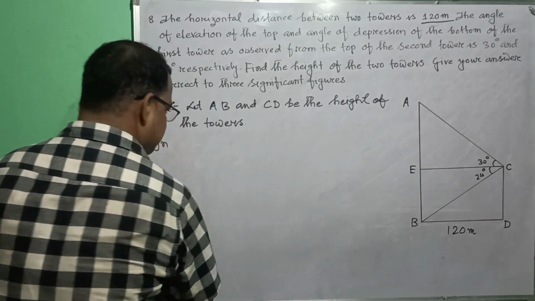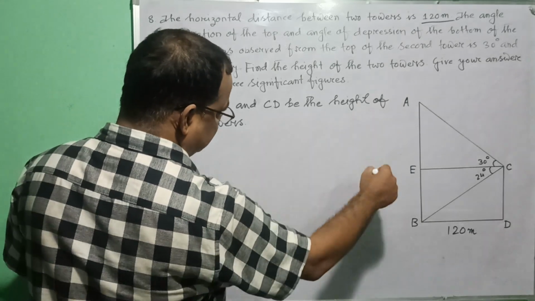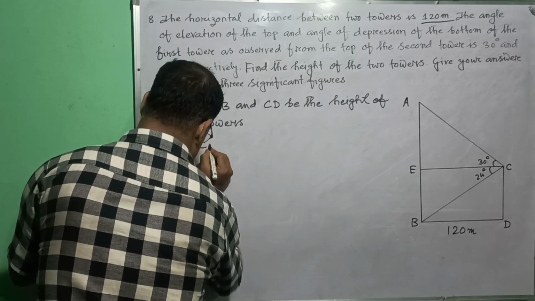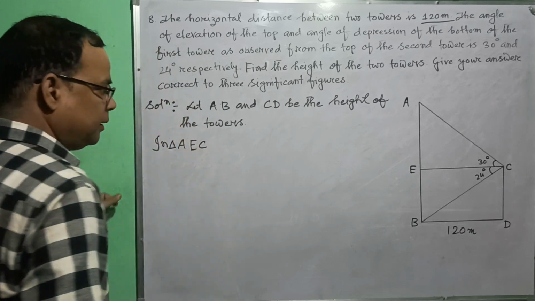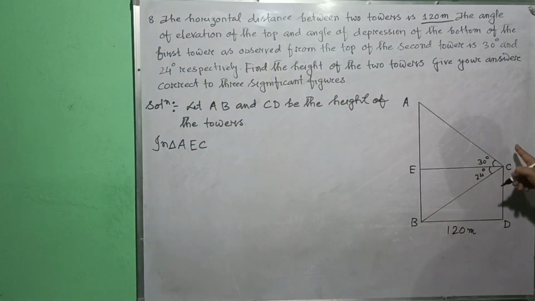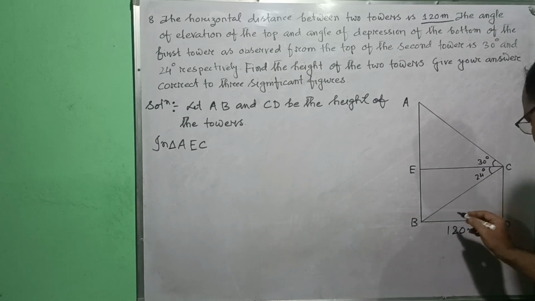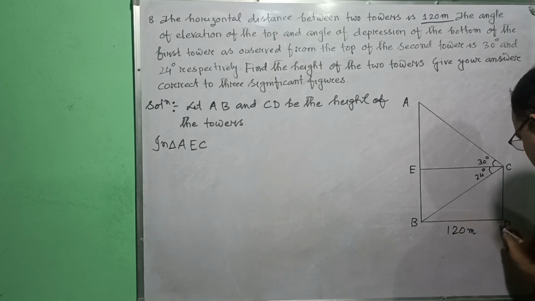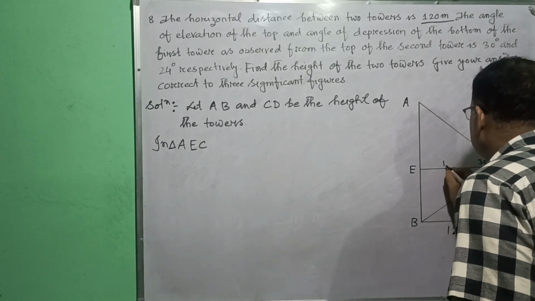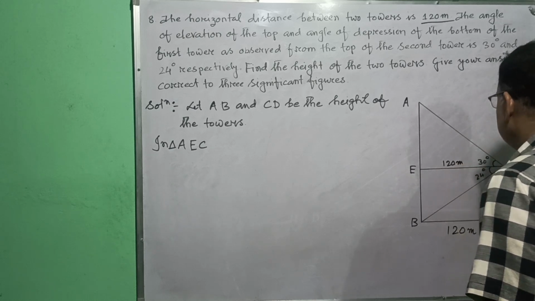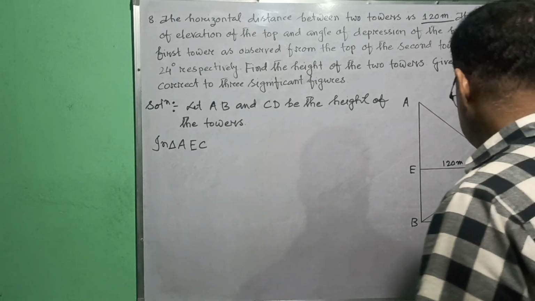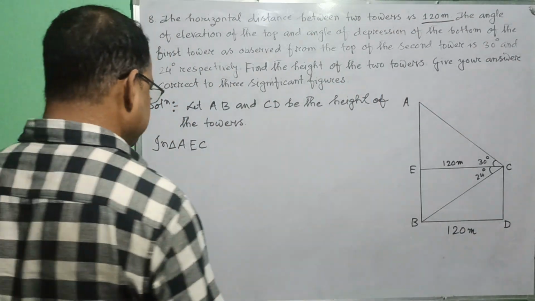In triangle AEC, one thing you can see that AB and CD are vertical lines. So CE is equal to BD, because CE and BD are parallel. So we can write EC as 120 meter.